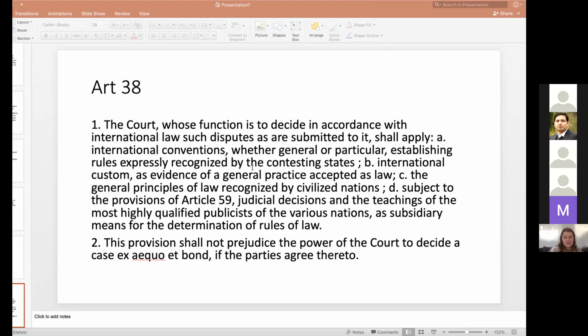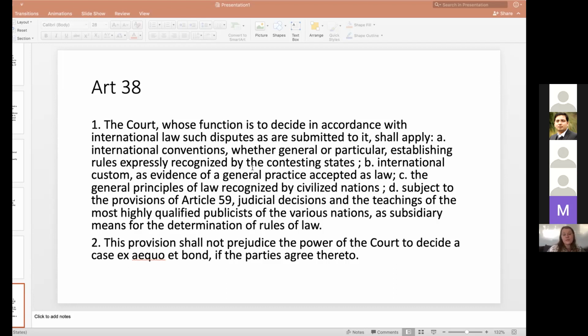recognized by civilized nations. With the general principles, I think it's quite difficult to understand what those are, but I think the easiest way to explain would be that they are the cardinal principles of the legal system in the light of which international law is to be interpreted and applied.